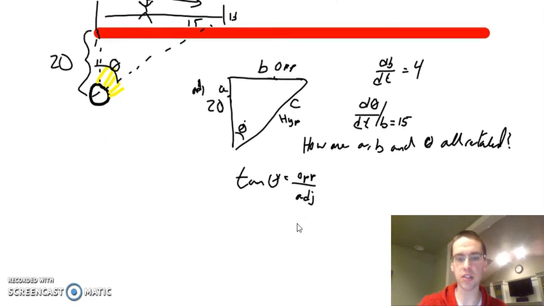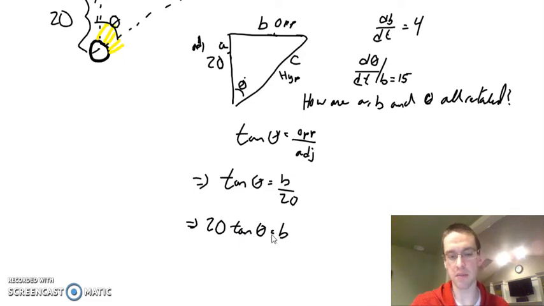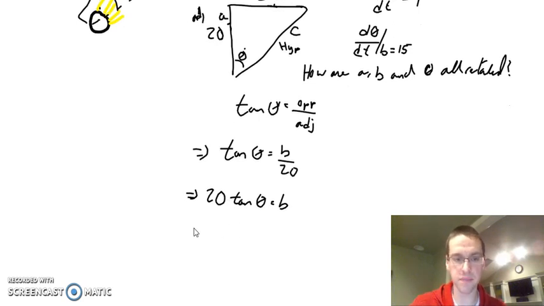Now we can plug in. Tan theta equals B over 20. I can solve for B, so at least B is on its own, 20 tan theta equals B. And I'm kind of stuck here, there's really nothing else to do, so I'm going to take the derivative of it.